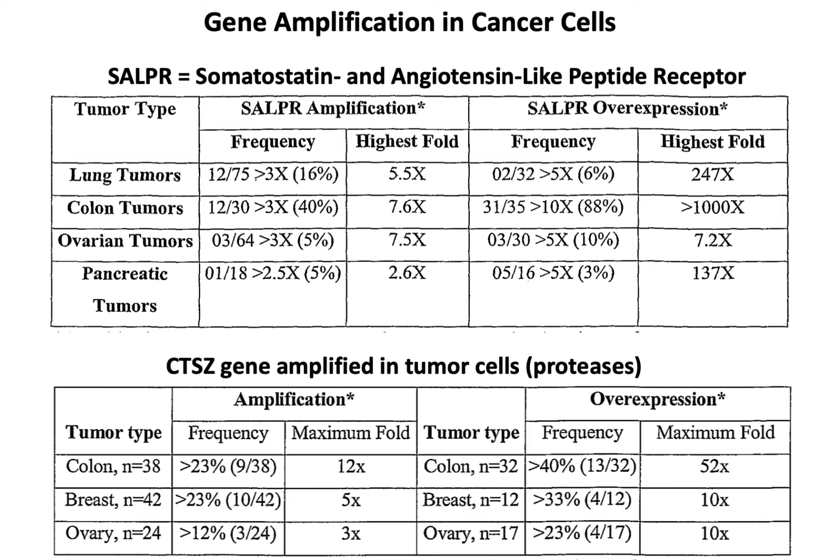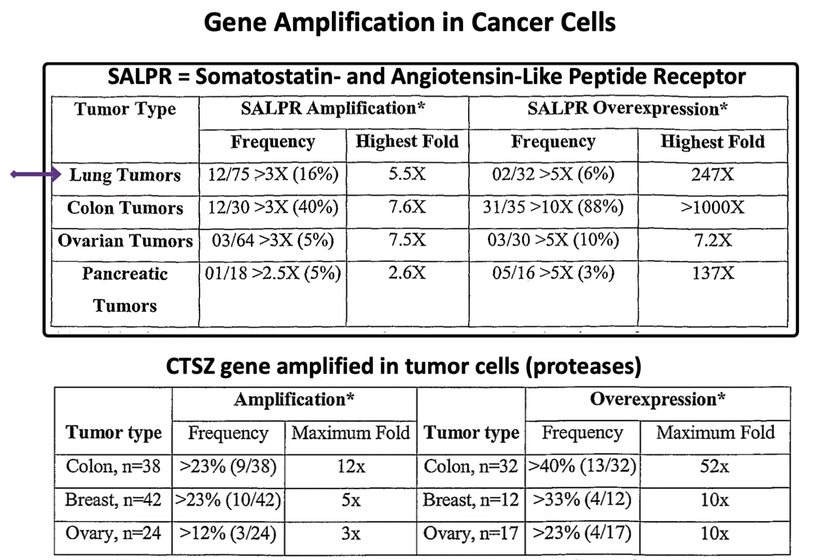So you get increased numbers of copies of certain genes. So in lung tumors, the somatostatin angiotensin-like peptide receptor. In lung tumors, you get between a 3-fold and 5-fold increase in the number of genes, and that increases the amount of protein overexpression, in this case by 247 times.